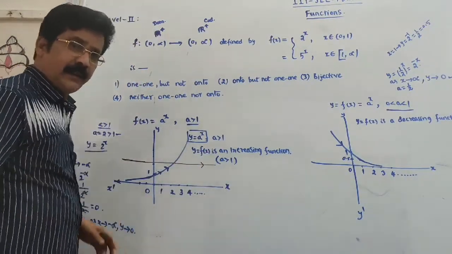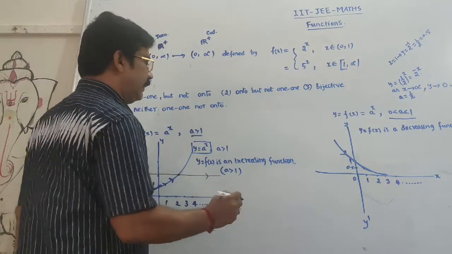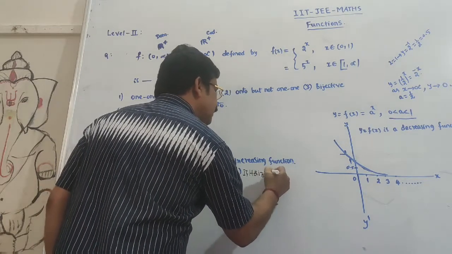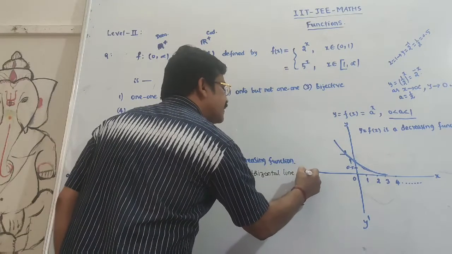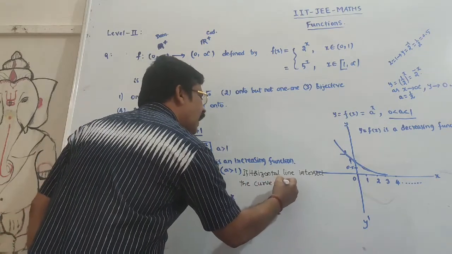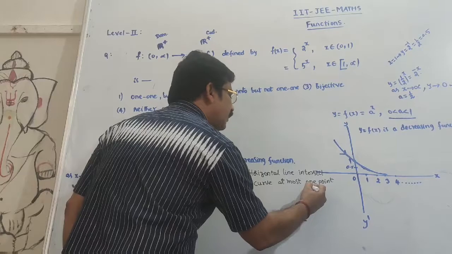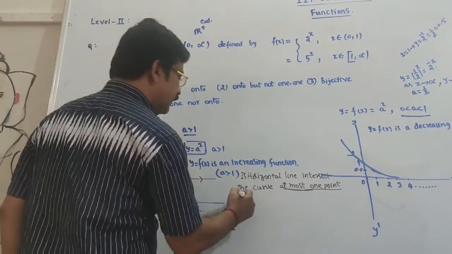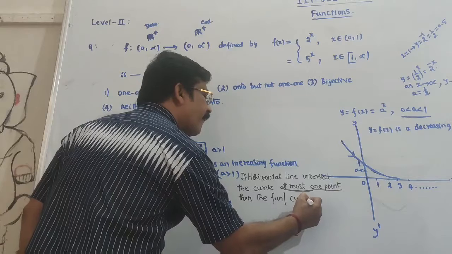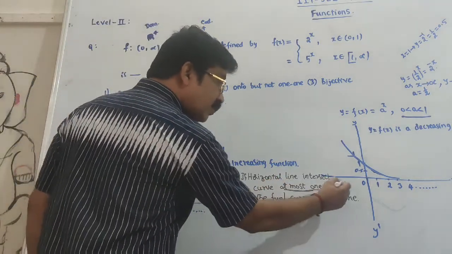If this horizontal line intersects the curve at most 1 point, at most means maximum at 1 point, then the function or curve is 1 function.